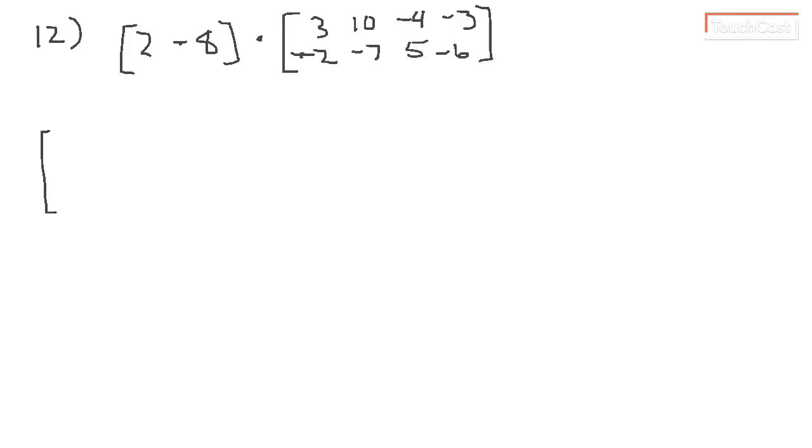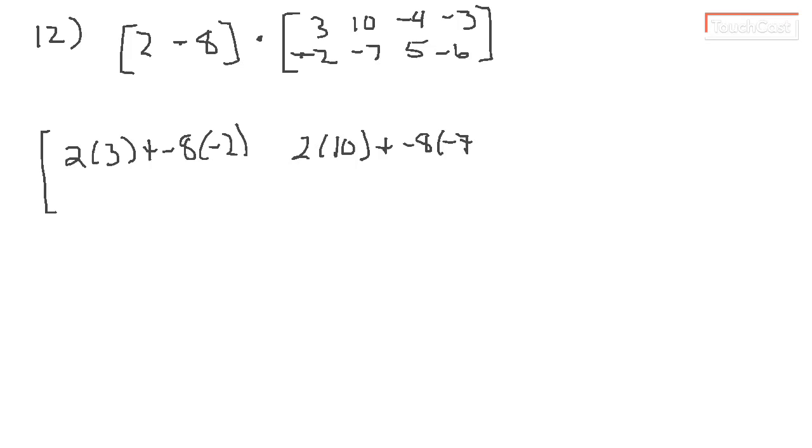So we're going to end up having a matrix where 2 times 3 plus -8 times -2 is the first element. The second element is going to be 2 times 10 plus -8 times -7.